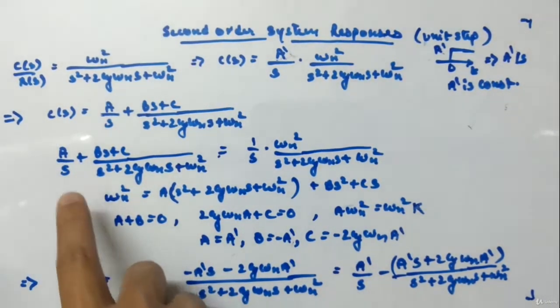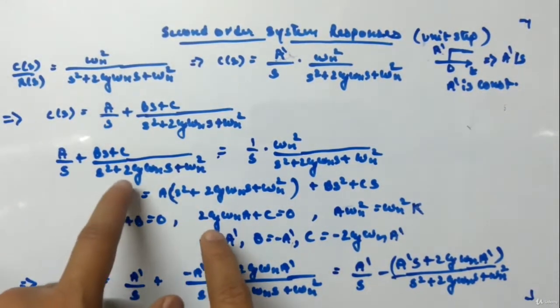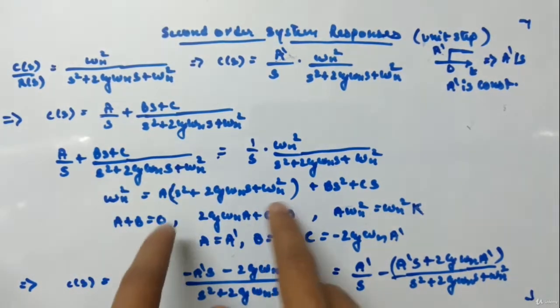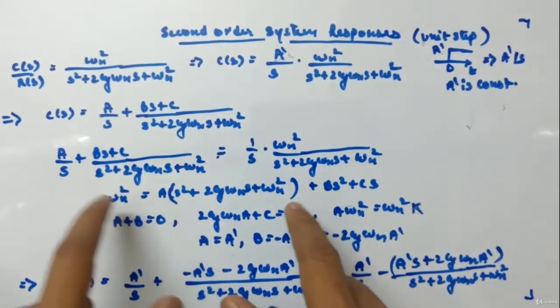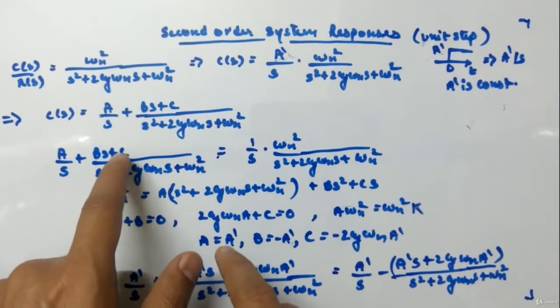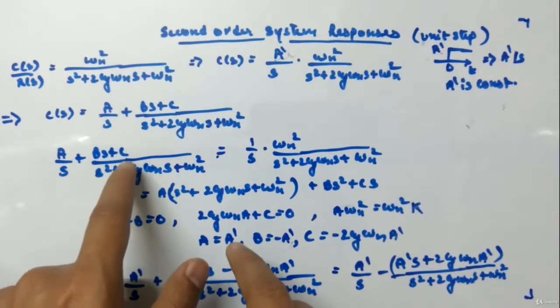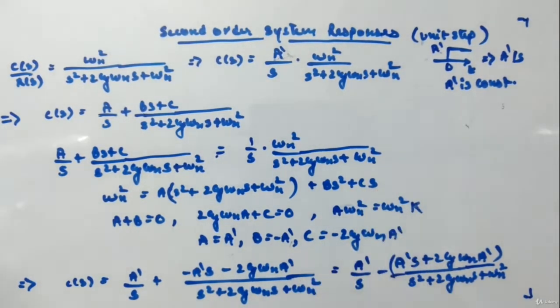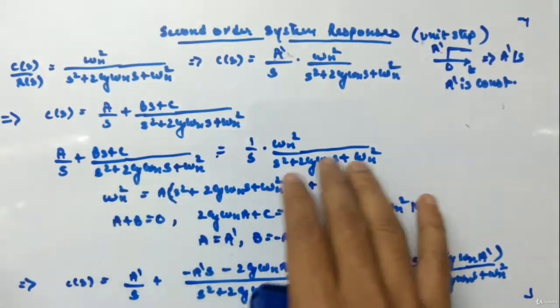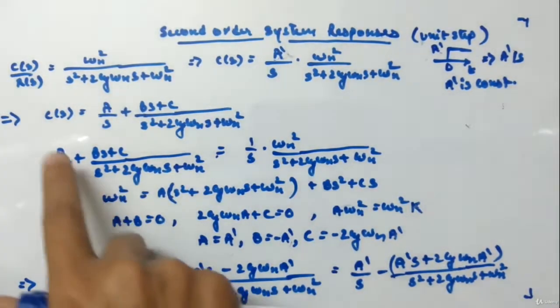Now you take the LCM, so A into (s square plus 2 zeta omega n s plus omega n square), which is this, plus s into (Bs plus C), that is Bs square plus Cs, equal to omega n square. The denominators will get cancelled from both the sides since I took the LCM.